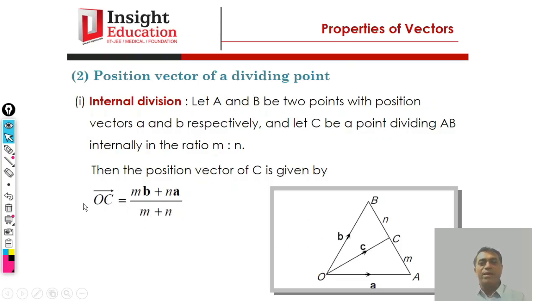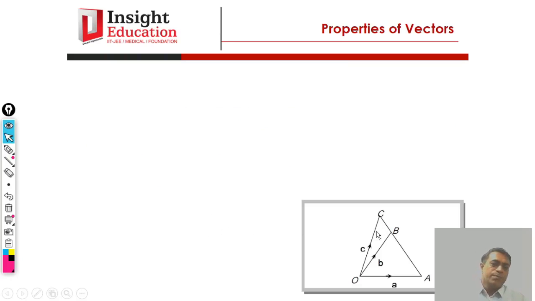So if it is divided internally, so if it is divided externally, so you can see point C. So now again I can write M and N. So here I can write M, here I can write N. Okay, so M and N. So same M, B, N, A, but instead of plus, now I have to use minus.